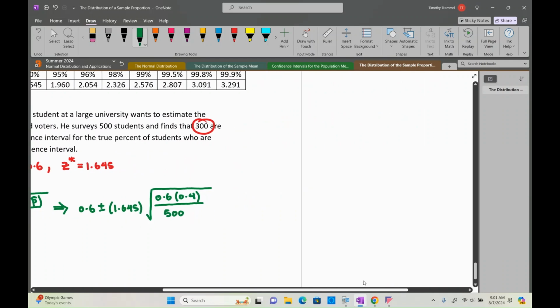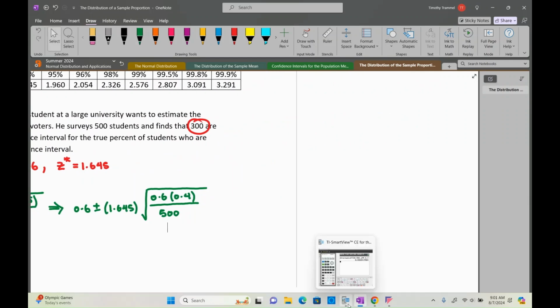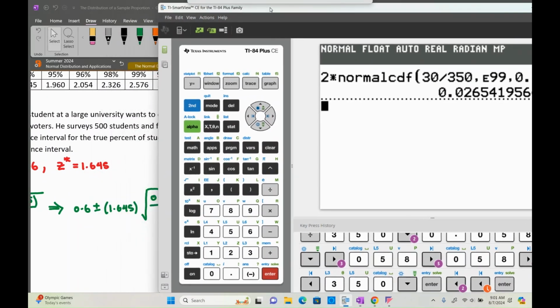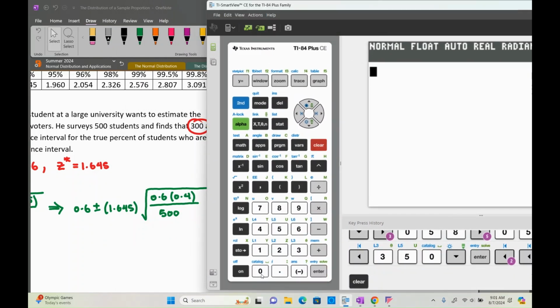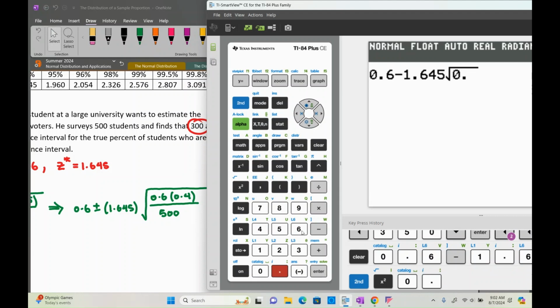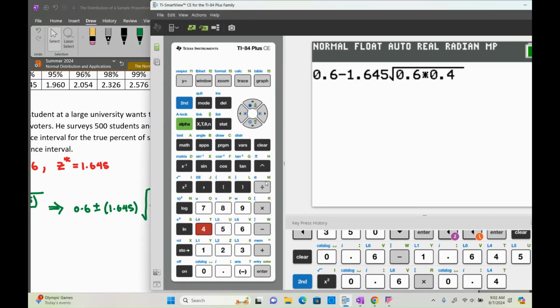So let's get this into the calculator. All right, so we have 0.6. I'm going to do the lower bound first, so I'm going to write minus 1.645, and then the square root of 0.6 times 0.4, and then we want to divide that by 500.